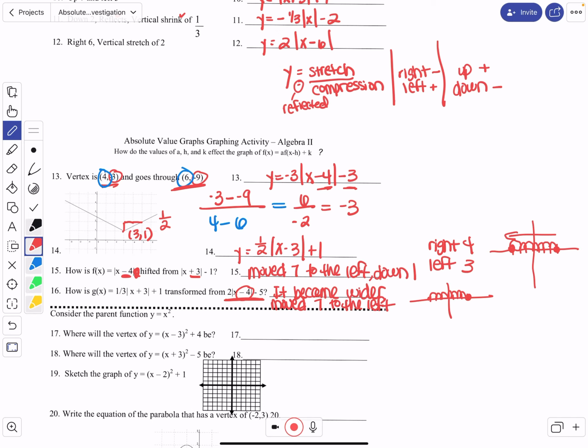And then I was down 5, 1, 2, 3, 4, 5. I was down here. And now I'm up 1. So I would move 1, 2, 3, 4, 5, 6. So it moved up 6.